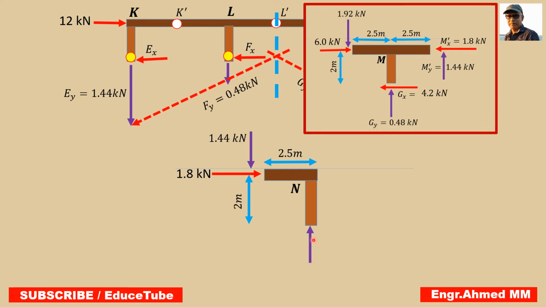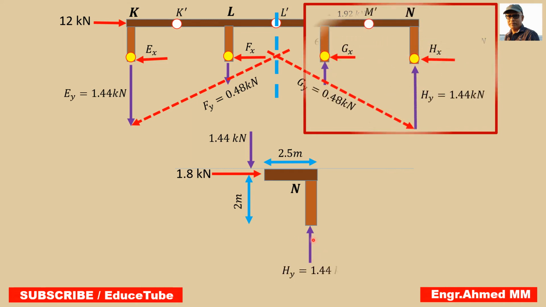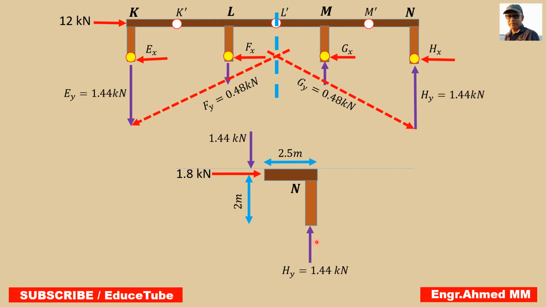Now this one, surely it will be this force 1.44. Now we need the horizontal component at this point. So summing M, this is M prime I have written here.